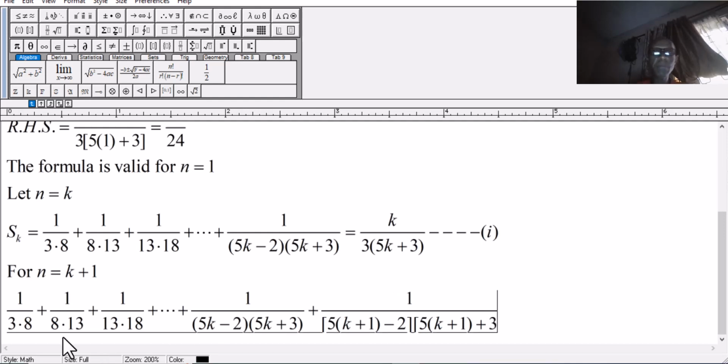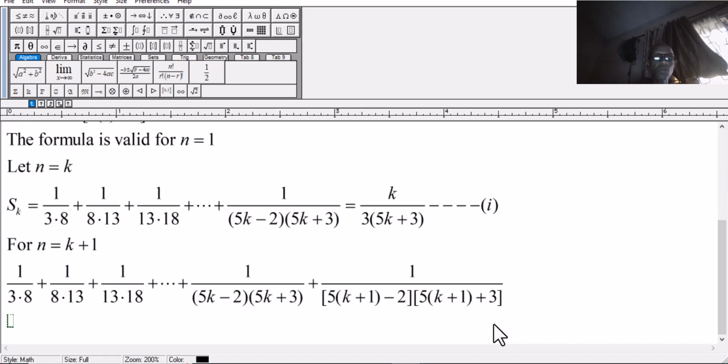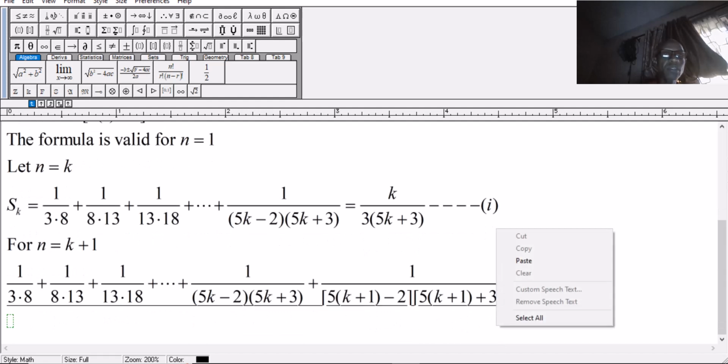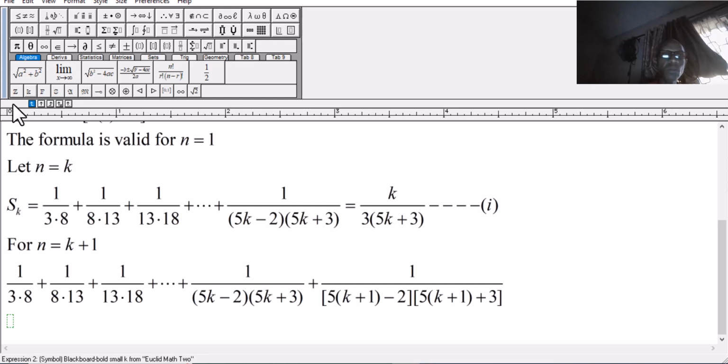So remember, from 1, everything here stands for that.